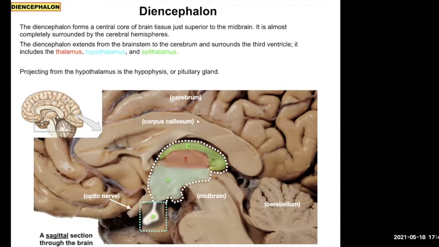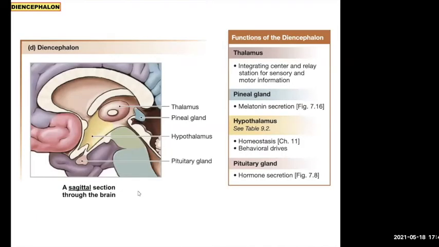All right, again, this is a sagittal section of the brain. All right. So for your diencephalon, you got these three regions, the thalamus, the hypothalamus, the pineal gland is going to be part of the epithalamus, right? Pituitary gland is going to be kind of connected to the hypothalamus.